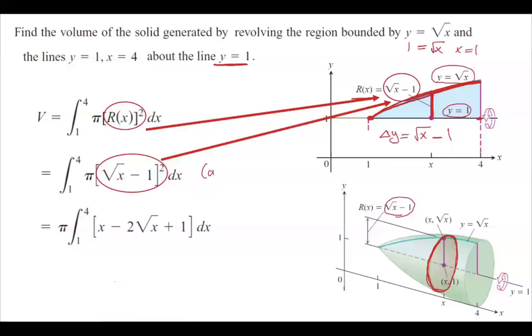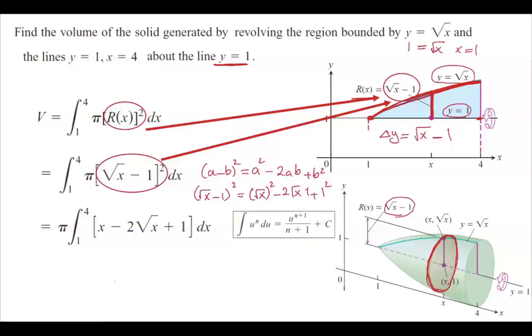If you have a minus b to the second, it is a squared minus 2ab plus b squared. a is square root of x and b is 1. So, as you can see, we get square root of x to the second. Let me write down the detail for those of you who are interested in seeing this. We get square root of x to the second minus 2 times square root of x times 1 plus 1 squared, which is x minus 2 square root of x plus 1 dx.